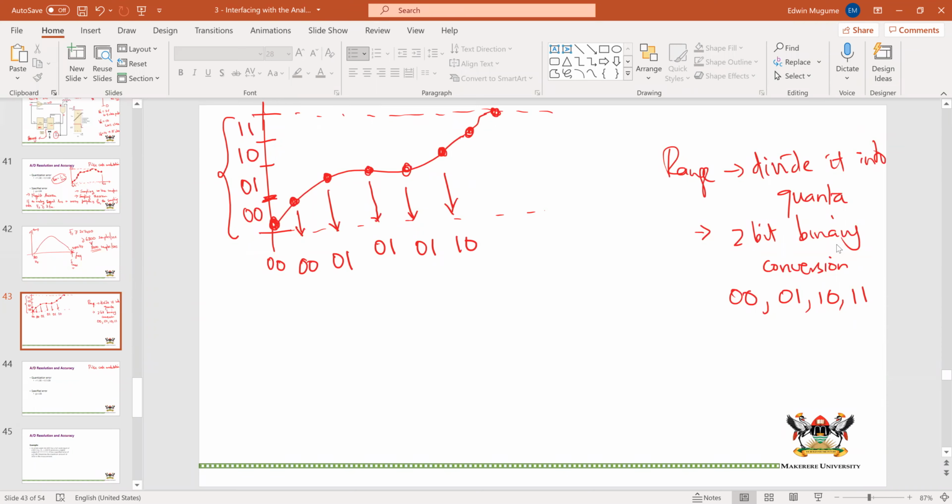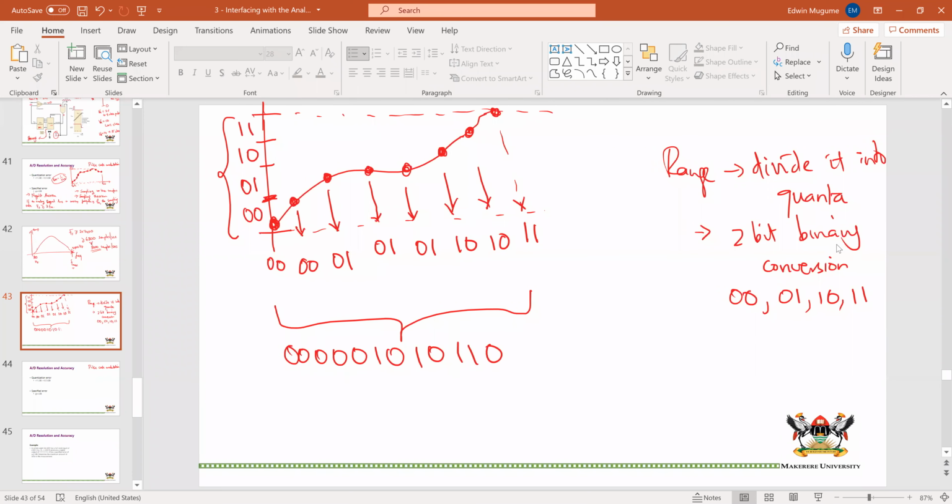So I can call it 10, and maybe this one as well, 10, and finally 11, right? So my analog signal between this point and that point in time can now be represented by a digital signal that is 00, 00, 01, 01, 10, 10, 11.